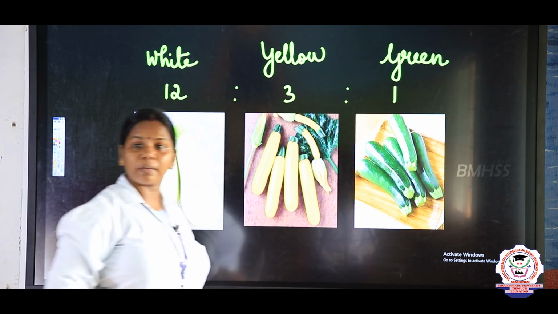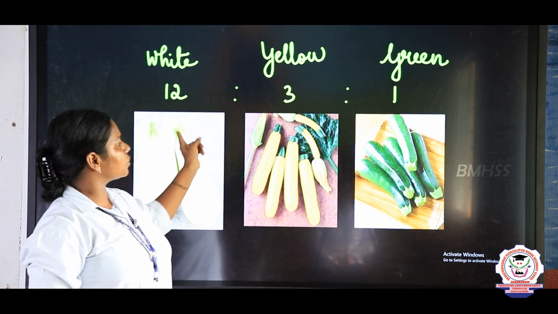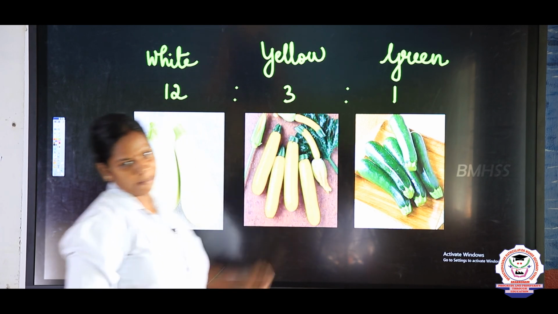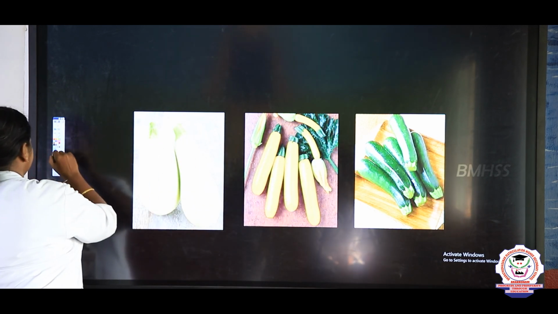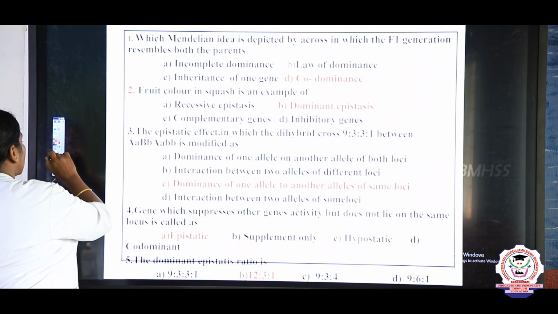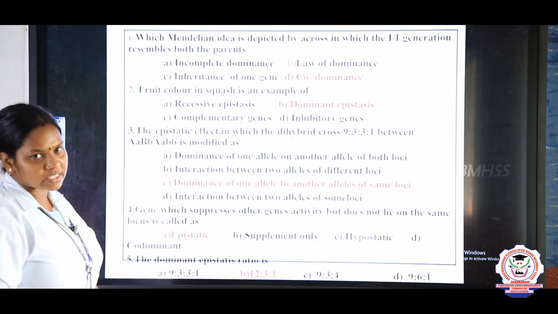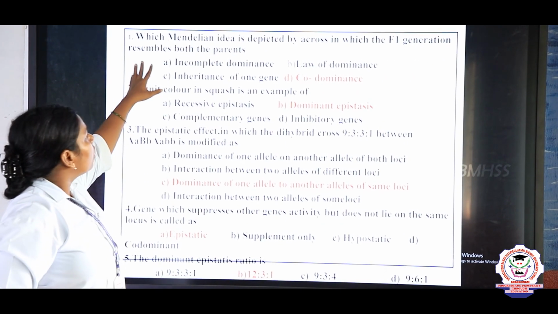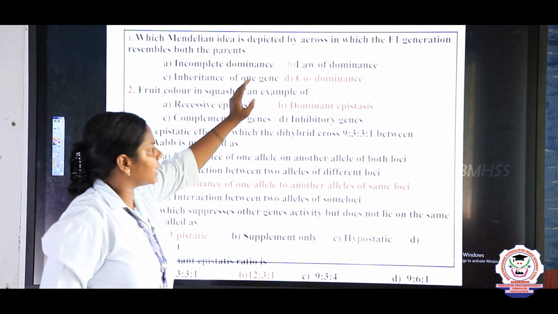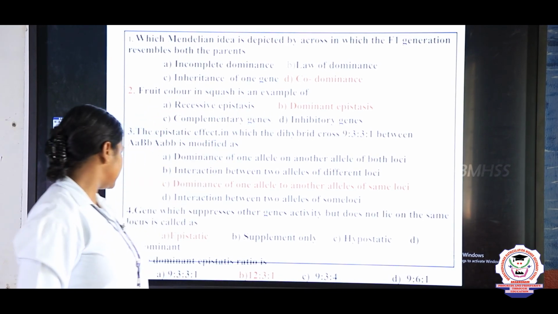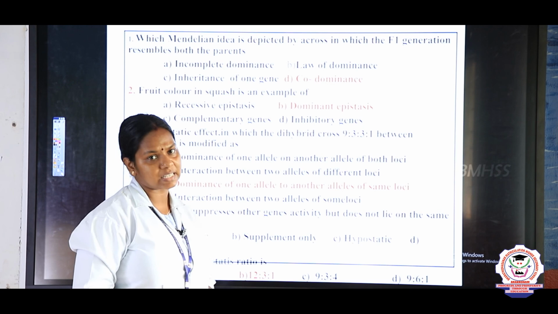So what is the phenotypic ratio? 12:3:1. These are the questions given in your subject material, children, regarding the codominance, dominant epistasis and the epistasis ratio.